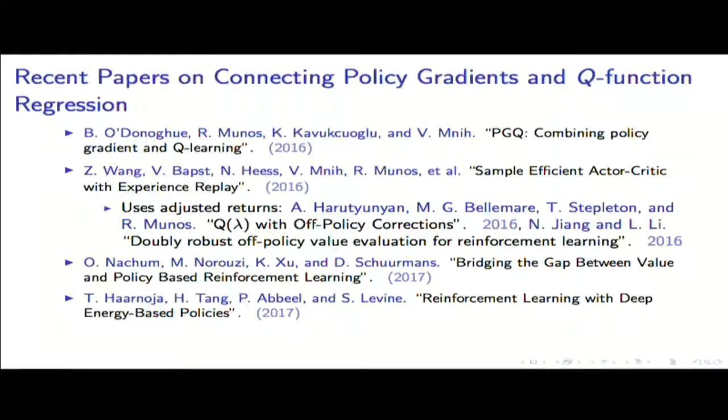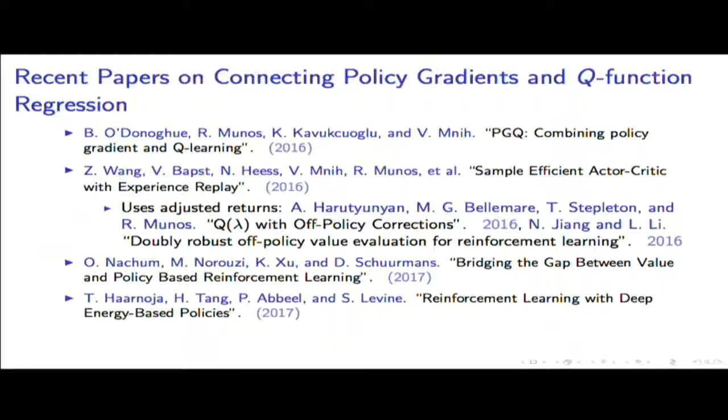There's a really nice idea that I didn't get a chance to talk about in this class, but you can check out this paper, Q of lambda with off-policy corrections, which I think is a pretty readable description of the idea. The idea is that you can adjust the returns if you have a Q function.